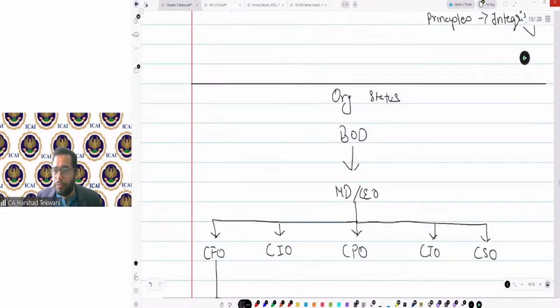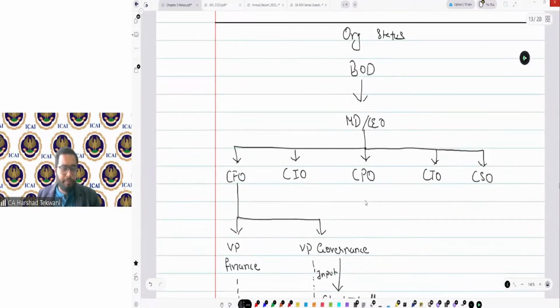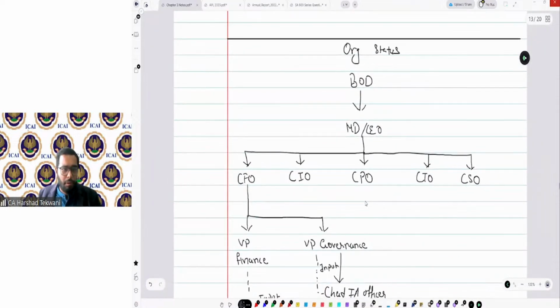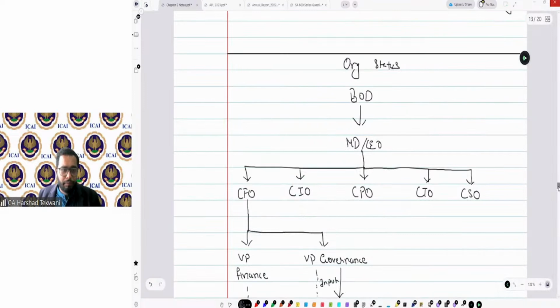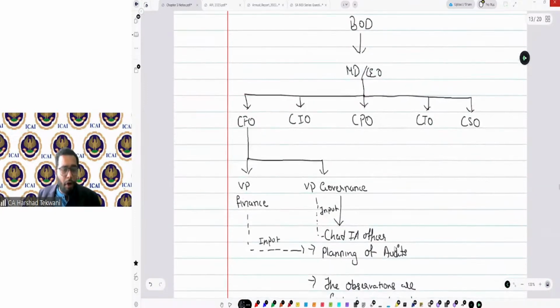You tell me what is the issue in this organization. This is how it works: planning of audits is done through the VP Finance and VP Governance input.